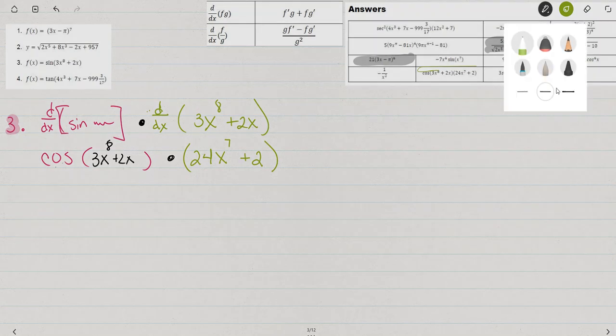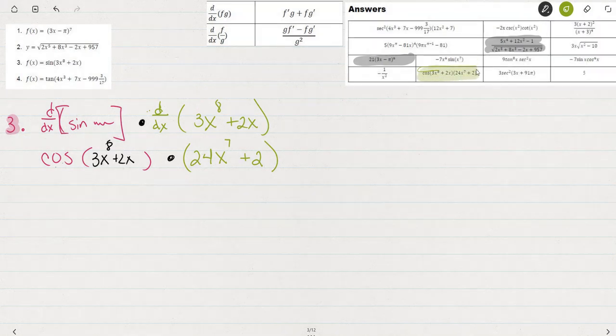Let me get the right pen. Looks like it just got left here. But make sure you're clear that it's the cosine of the 3x to the 8th plus 2x, and that cosine is being multiplied by the 24x to the 7 plus 2. That's number 3. Let's look at number 4.